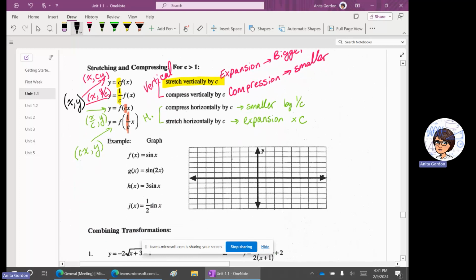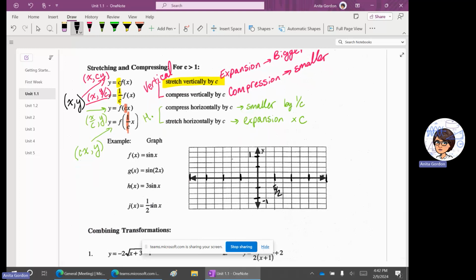Okay, so again, let's take a look at a base function. Let me draw in some points here. Let's say this is 1 and this is -1. Since we're doing trig here, let's say this is pi by 2, pi, 3 pi by 2, 2 pi. Let me make it really clear.